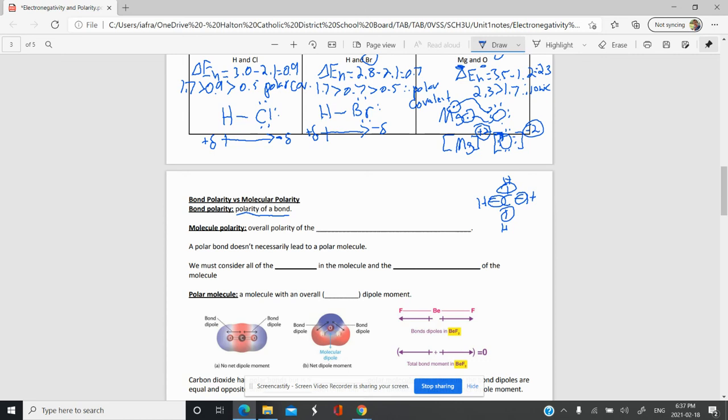You might have some molecules with some polar bonds, some non-polar bonds, and overall, the molecule might be nonpolar, even though there's polar bonds there. You might have molecules with only polar bonds, and overall, the molecule might still be nonpolar. So, molecular polarity is the overall polarity of the entire molecule.